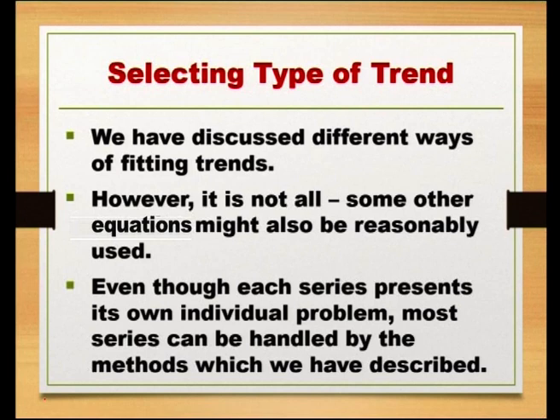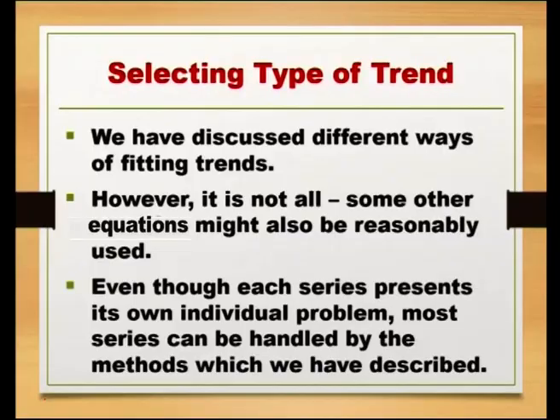Next, selecting the type of trend. We have discussed different ways of fitting trends: fitting a straight line trend by freehand or graphical method, method of semi averages, method of least squares, method of moving averages, also nonlinear trend methods, method of least squares wherein a second degree parabola has been fit, and method of least squares for exponential trend has been discussed.